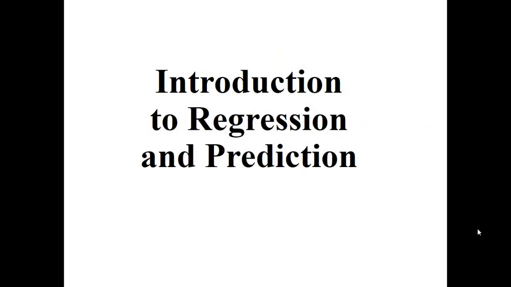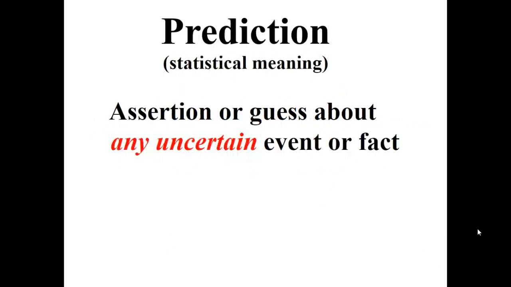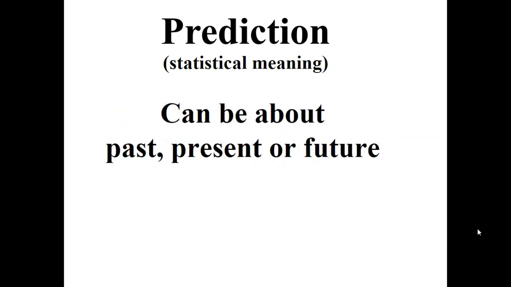2 weeks. We said that statisticians use the word prediction very broadly to refer to any assertion or guess about an uncertain event or fact. A prediction, in this sense, can be about the past, the present, or the future.